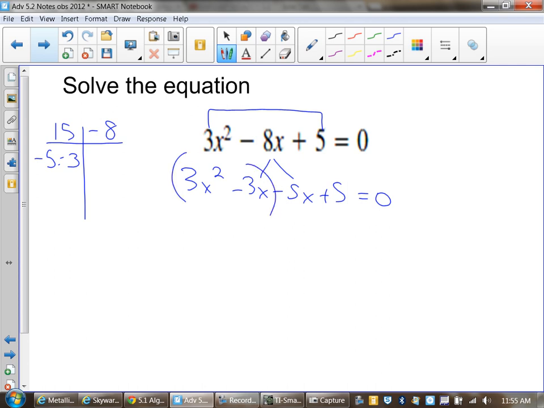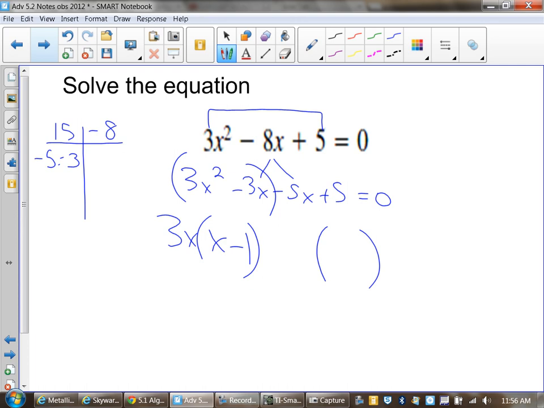I'm grouping to find GCFs. What's the greatest common factor there? 3x. If I factor out a 3x, what am I left with on the inside? Once you get the GCF and you have your first term, x minus 1, you want that second group of numbers, the negative 5x plus 5, to wind up with the term being x minus 1 inside there.